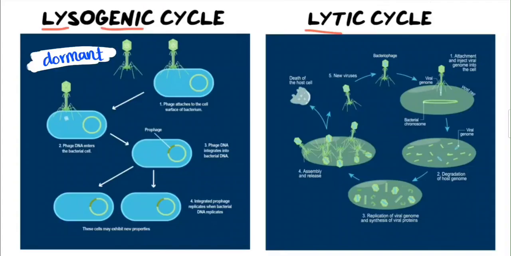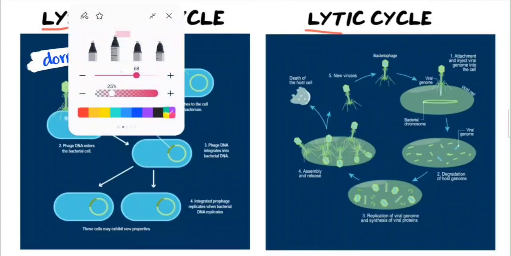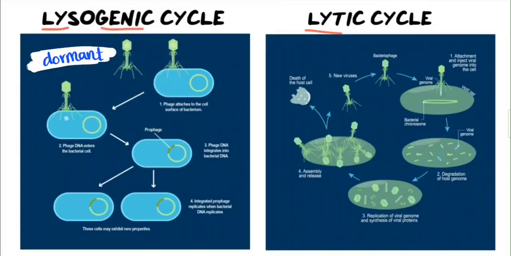As you can see here in the steps, the first step is common in both the lysogenic and lytic cycle. The phage attaches to the cell surface of the bacterium and injects its viral genome into the cell.